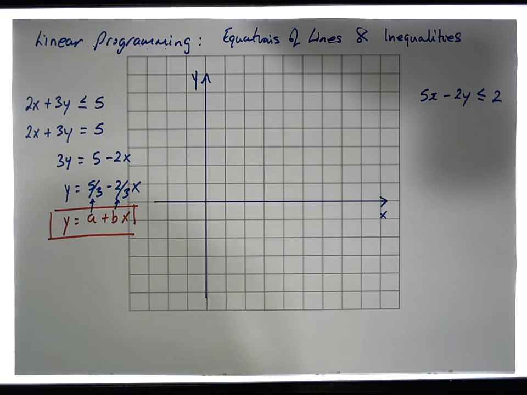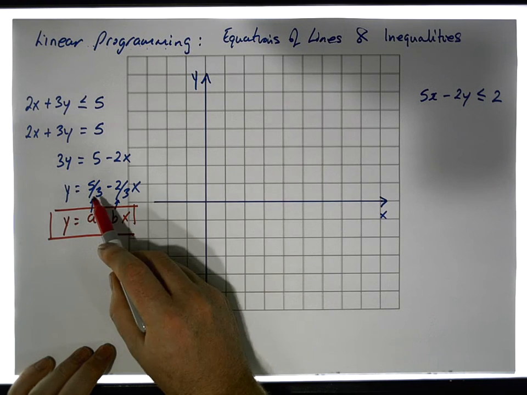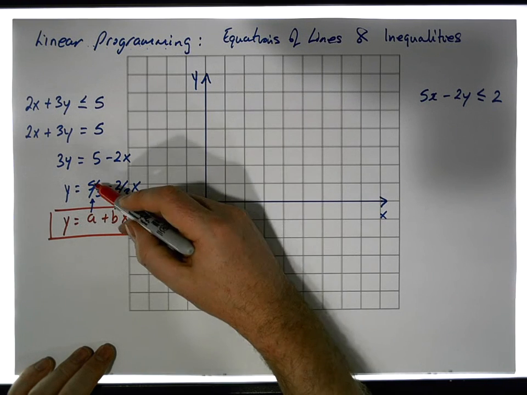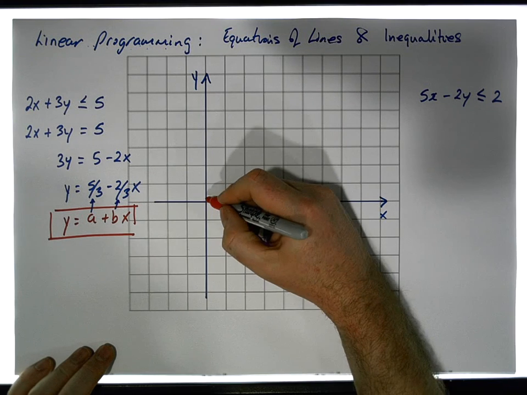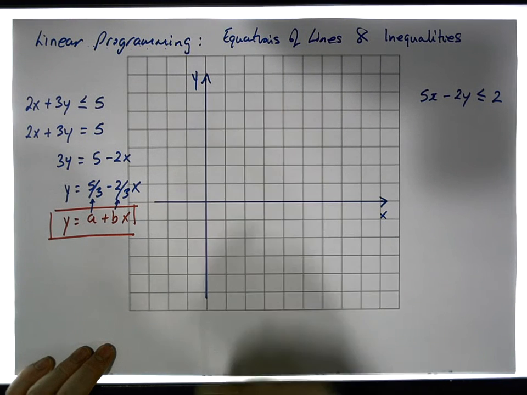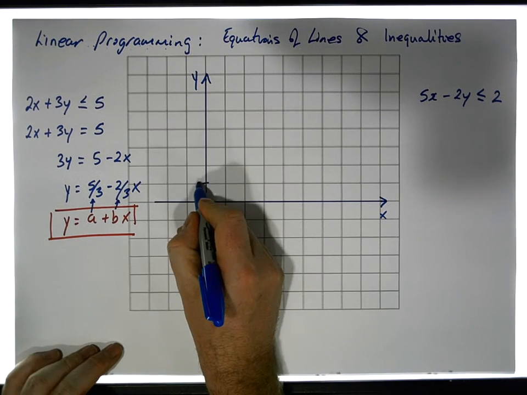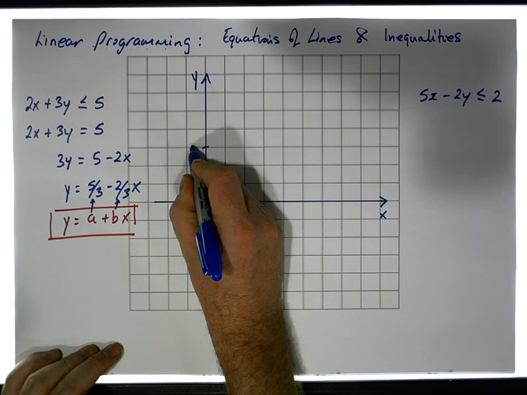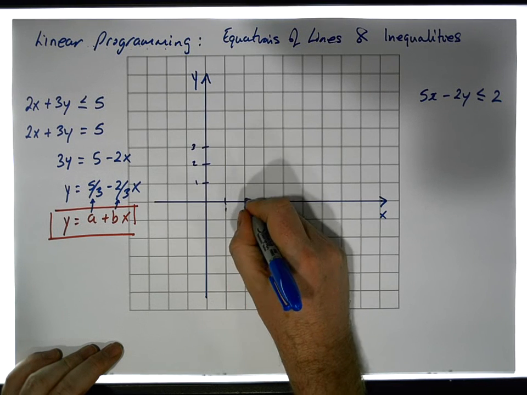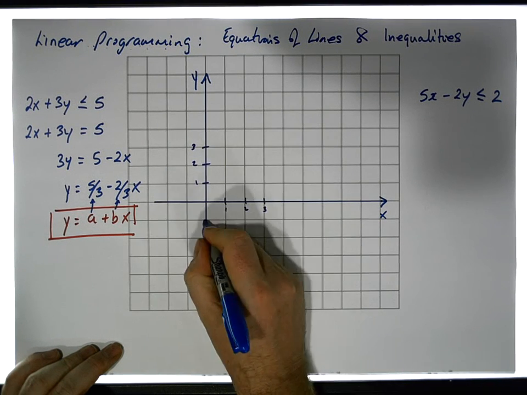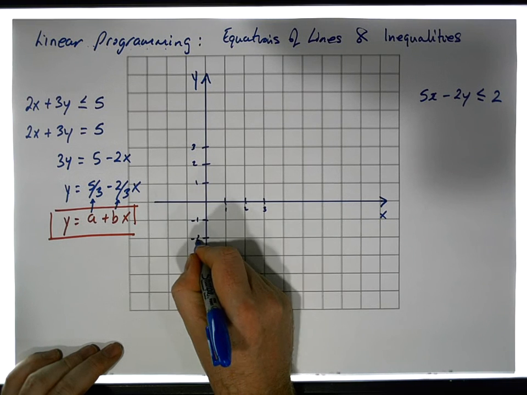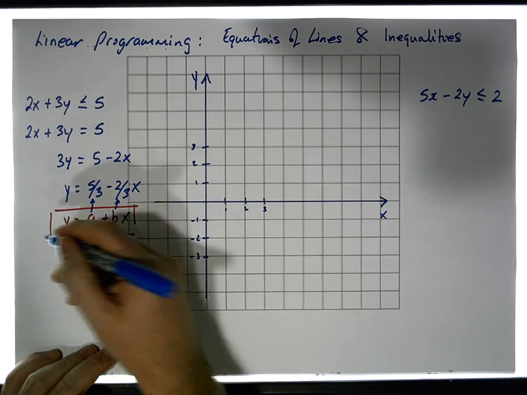So this line is going to intersect at 5 thirds, which is the same as 1 and 2 thirds. Let's say this is 1, 2, 3, and this is minus 1, minus 2, minus 3, and we have negative numbers out here.